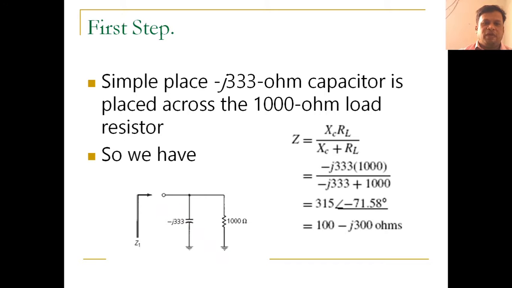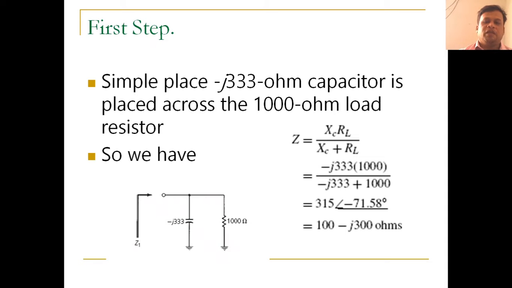Z is equal to XC times RL by XC plus RL, where XC is minus J333 and RL is 1000 ohms. So Z is equal to R1 R2 by R1 plus R2, that is the parallel form: minus J333 into 1000 by minus J333 plus 1000.